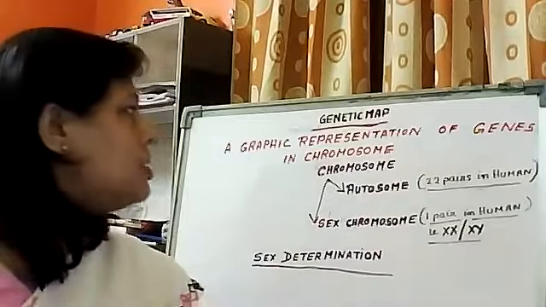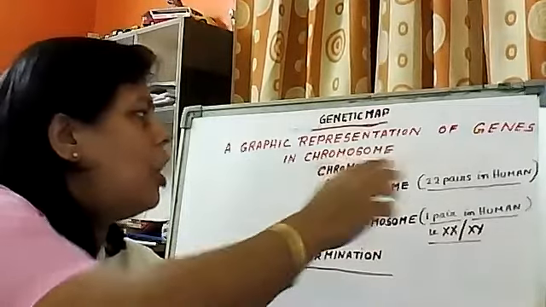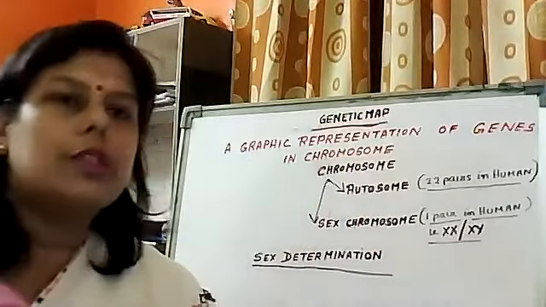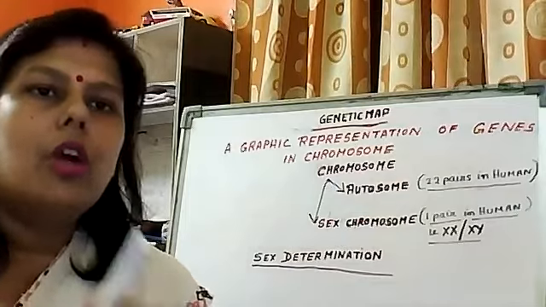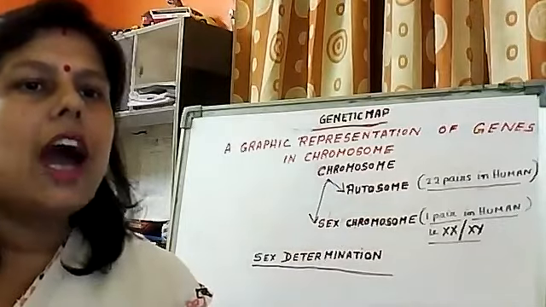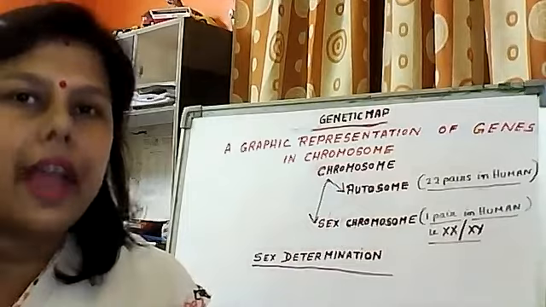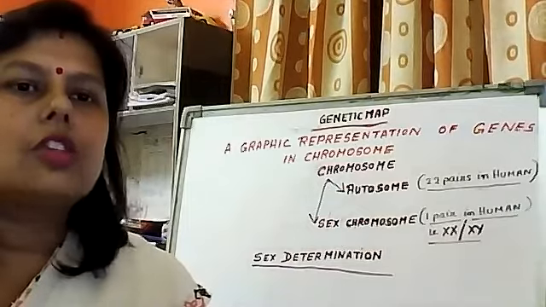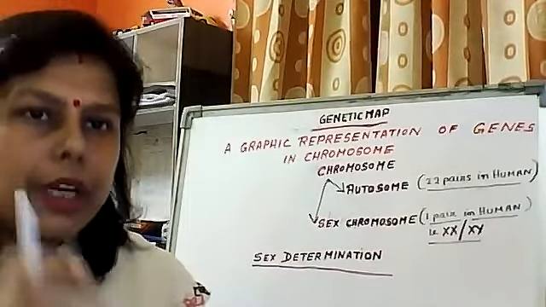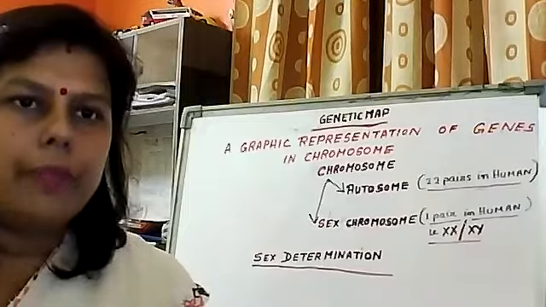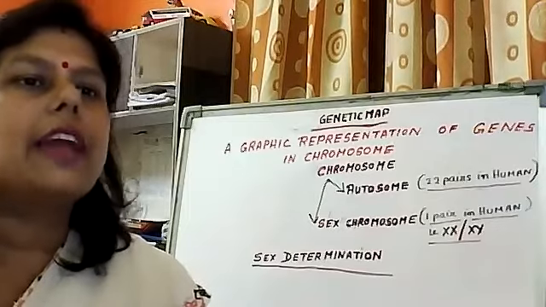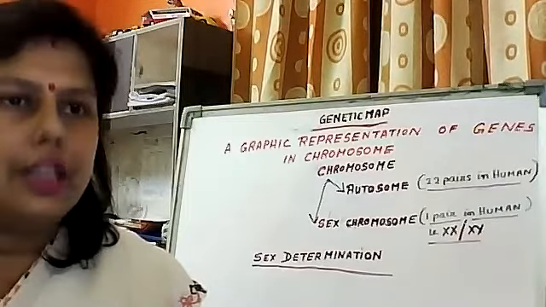It means the graphic representation of genes in the chromosome. That means all the genes which are present in a particular chromosome, how they are arranged, which gene is located in which particular locus or position. All these things we can study through the genetic map.